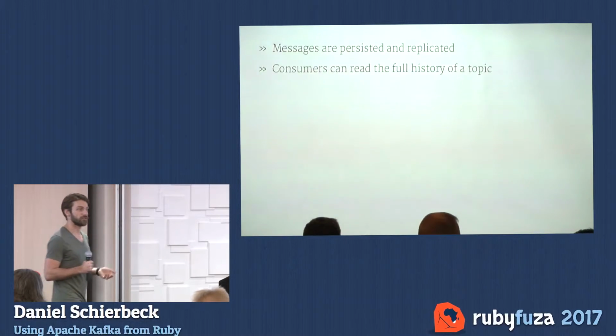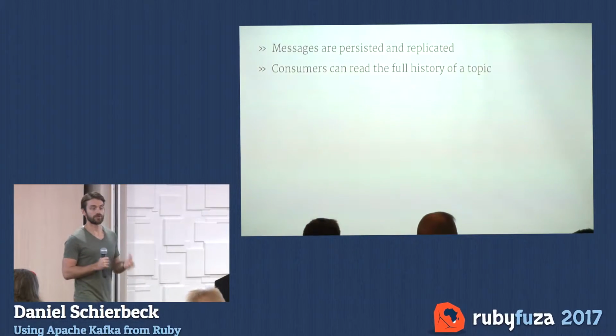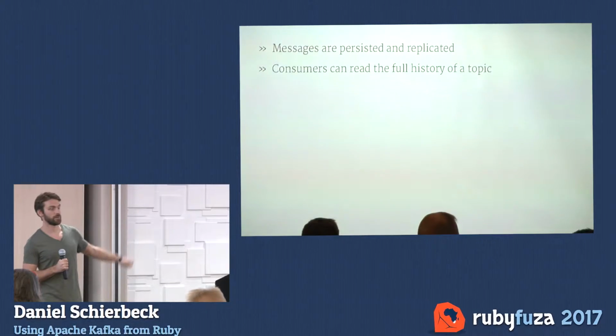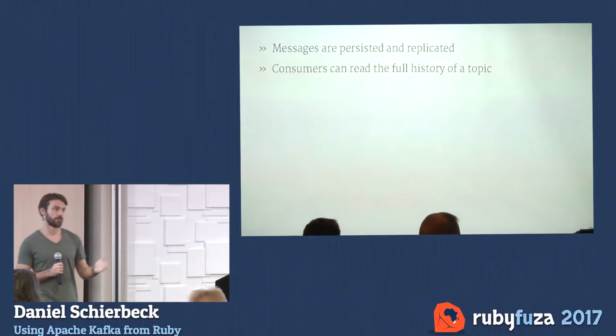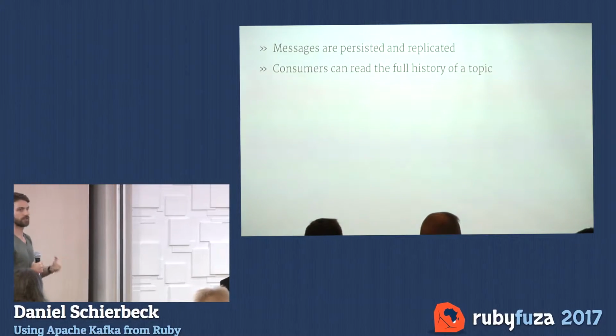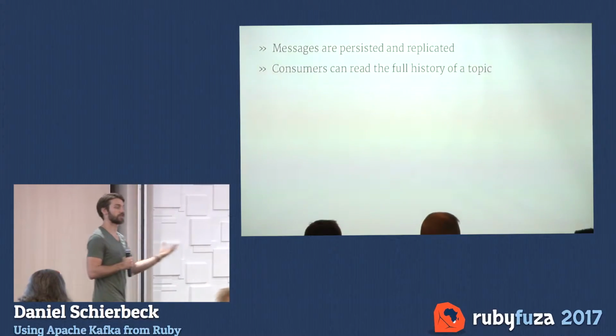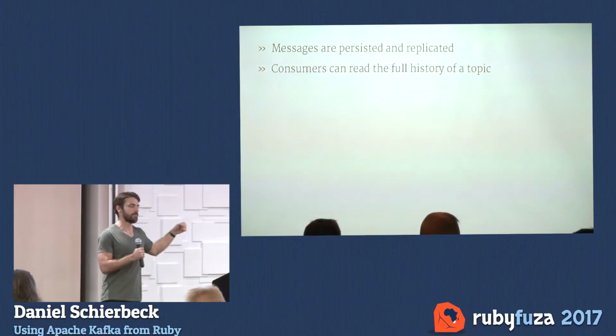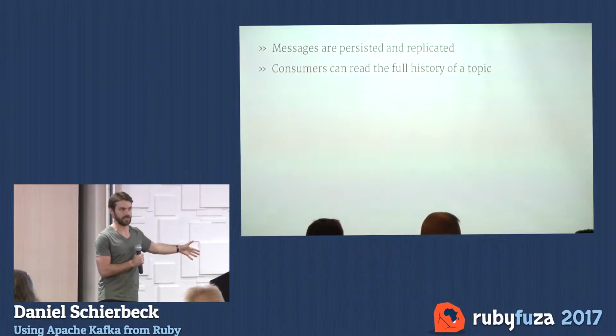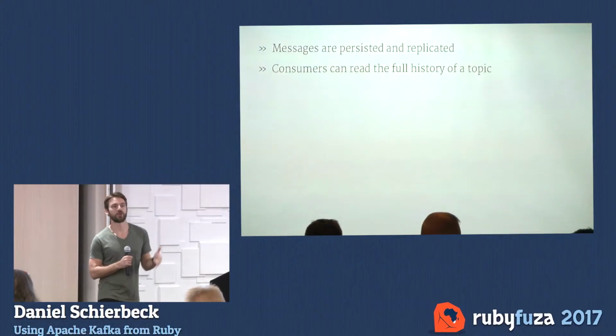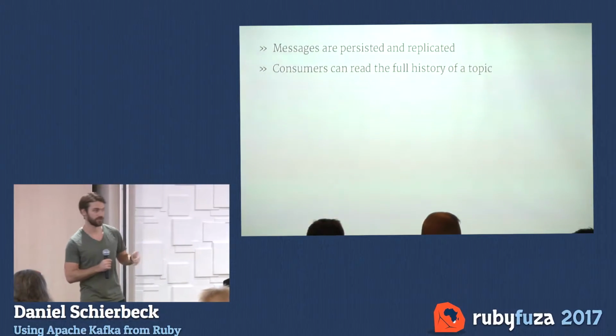If you then make a change of how you want to index stuff, you can restart that process from the beginning of time again, read through everything, fill up Elasticsearch, and when you hit the end of the topic, it'll just sit around and wait for new messages to arrive. So there's no difference between the backfill part of indexing and the wait for new stuff to happen part. It's just one process.